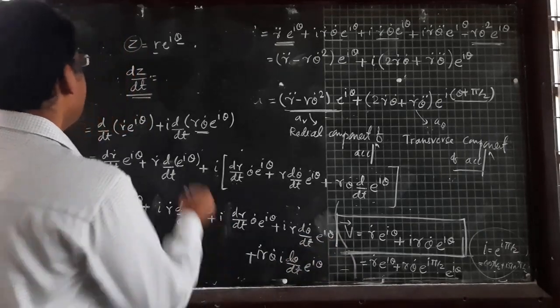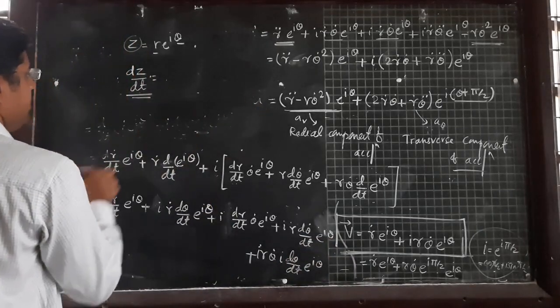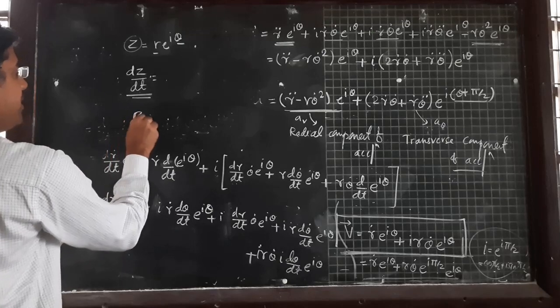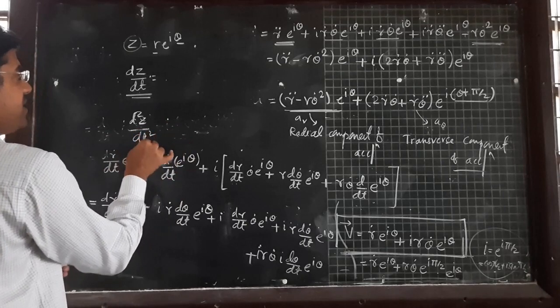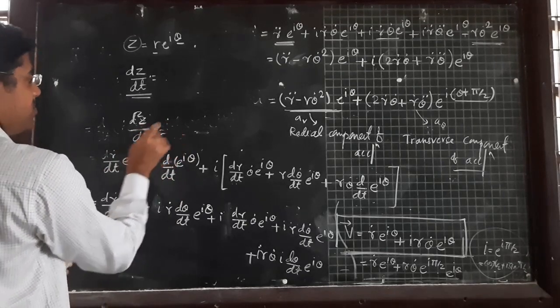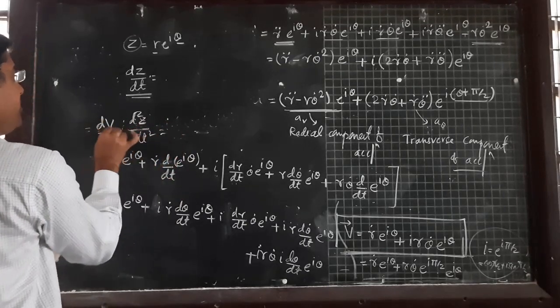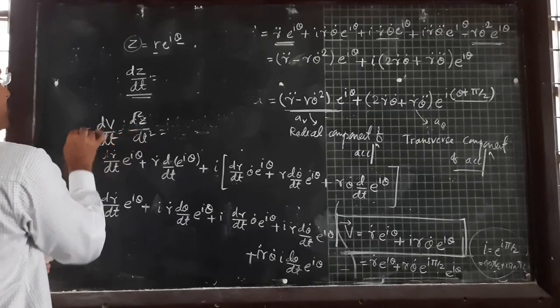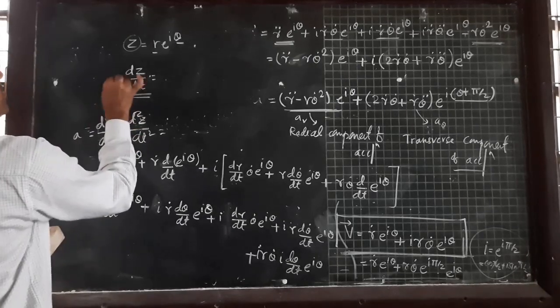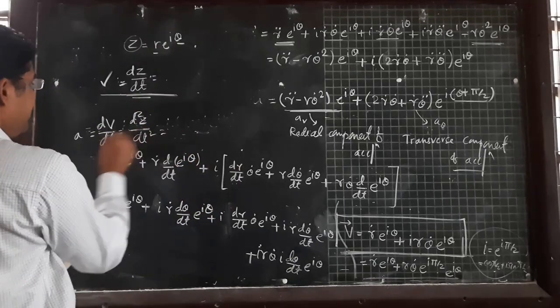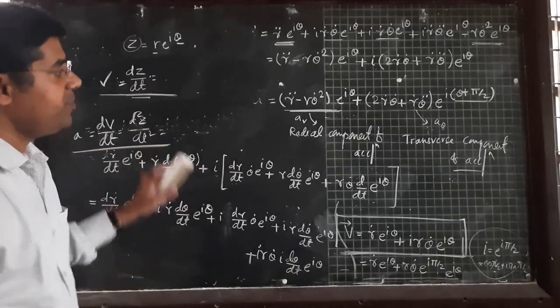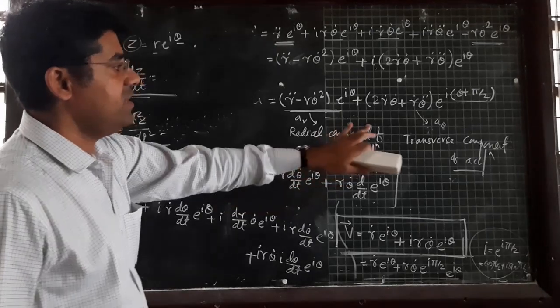Then we took again d2z by dt square, meaning the differentiation of your velocity, that is nothing but dv by dt, and that is your acceleration. This is your velocity component, and the acceleration component will be here, and you will get radial as well as transverse.